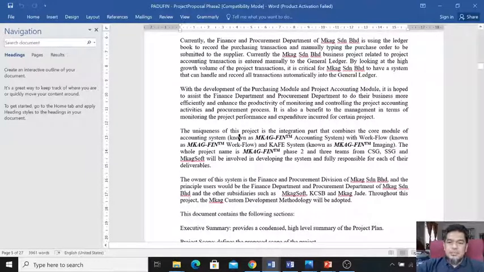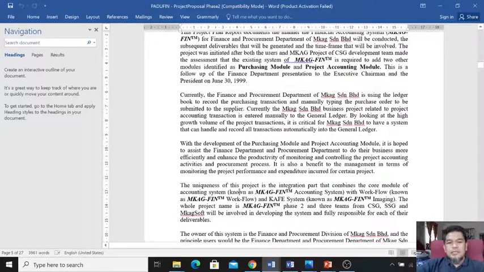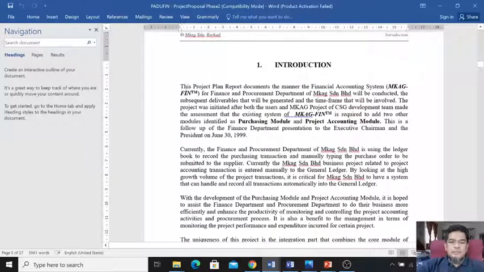This name I have to change for confidentiality. In the introduction, you see we don't have any bullet points, as compared with your reports, which have a lot of bullets.